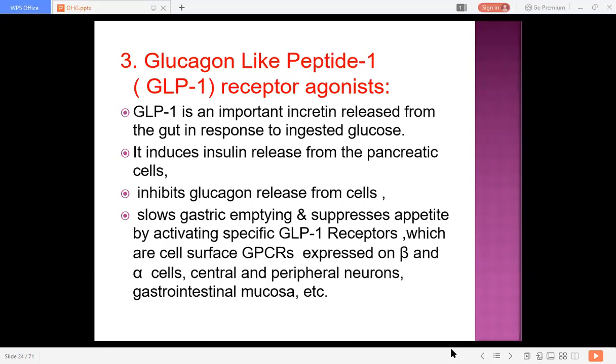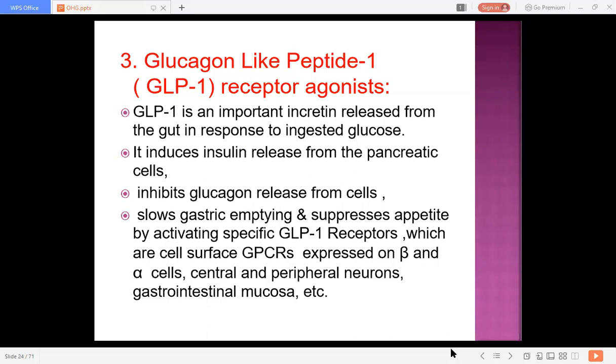Plant-based meals stimulate incretin and insulin secretion. So GLP-1 is an important incretin released from the gut in response to ingested glucose.